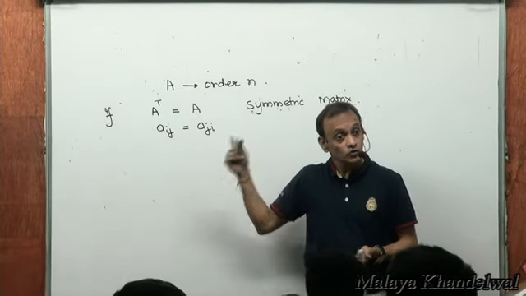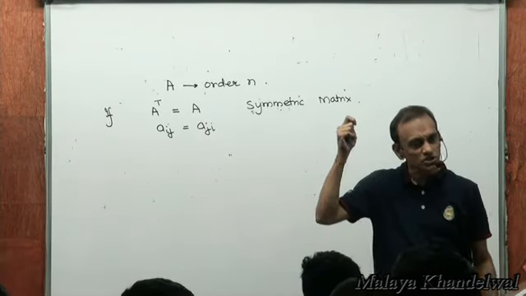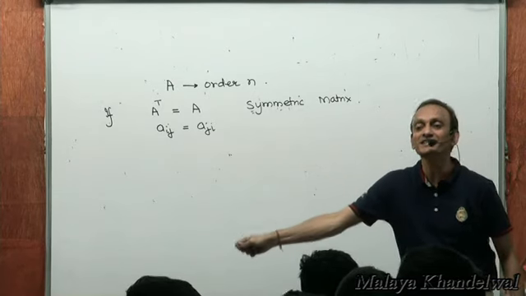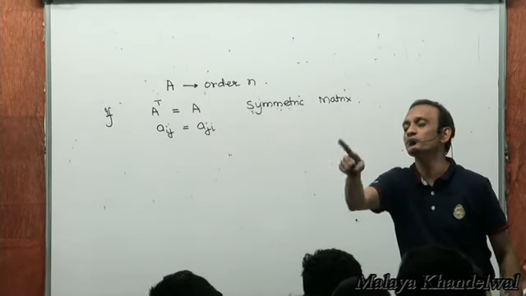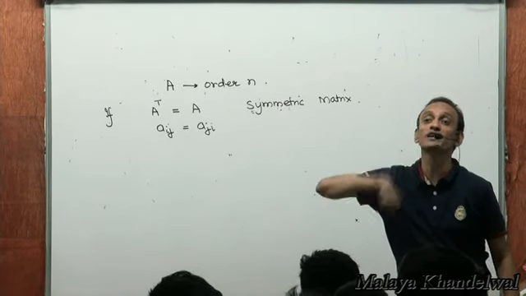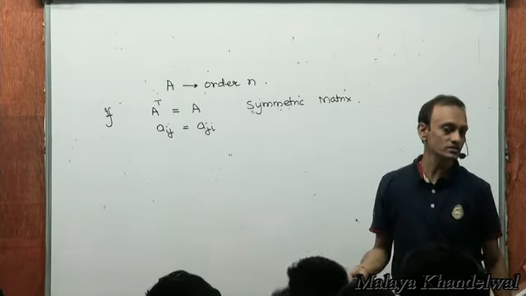Isn't it? So no change should be perceived when the transposition is carried out. Then the matrix will be the same as its transpose, and the matrix would be referred to as a symmetric matrix.